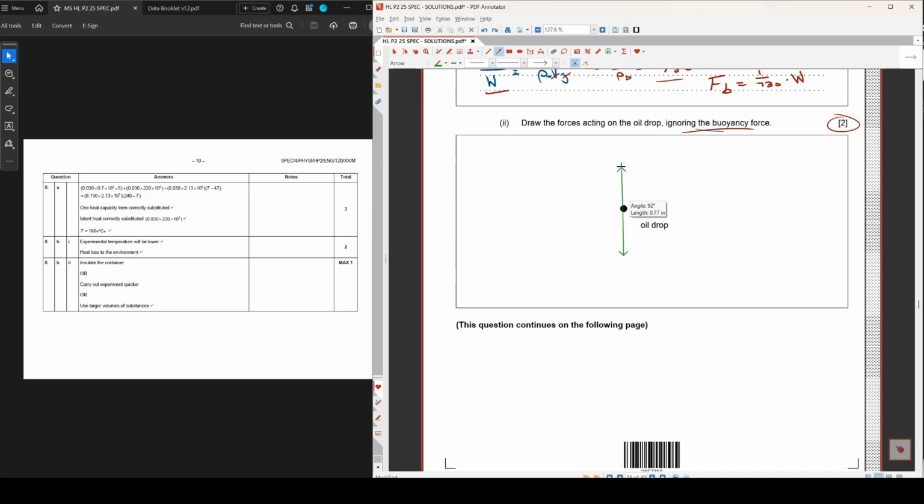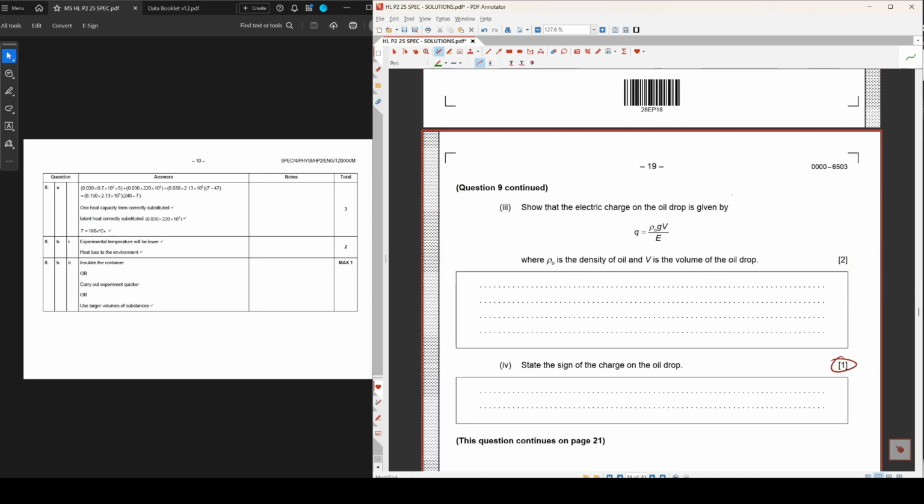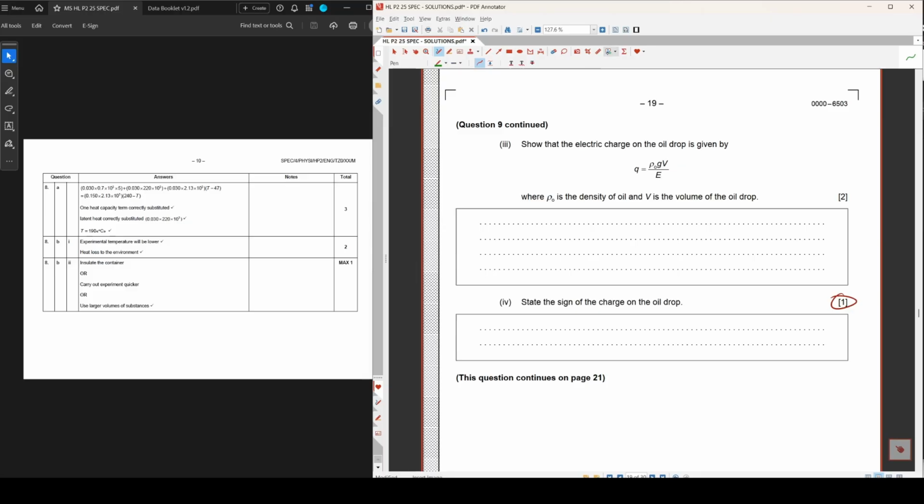And I also want to show that since this thing is just floating in midair, these two forces are the same size. All right, draw them nice and straight up and down, but that's as good as I'm getting with my little tablet here. So I got the electric force, Fe, this way, and gravity this way. Okay. Continuing on. Show that the electric charge on the oil drop is given by yada, yada, yada. Where this is the density of oil, V is the volume of the oil drop.